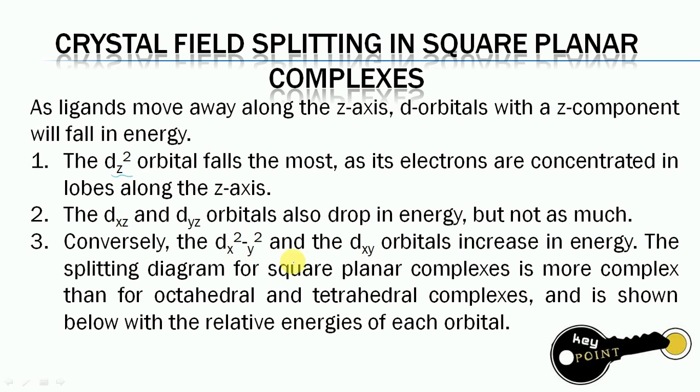The splitting diagram for square planar complexes is more complex than for octahedral and tetrahedral complexes and is shown below with the relative energy of each orbital. So these are the key points which have to be remembered while considering the crystal field splitting in case of square planar and tetragonal complexes.